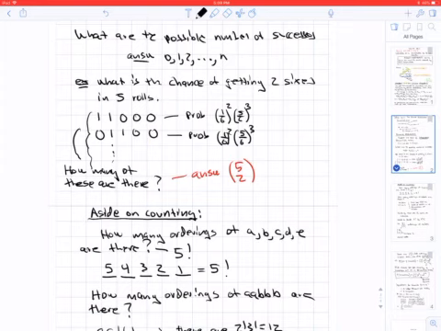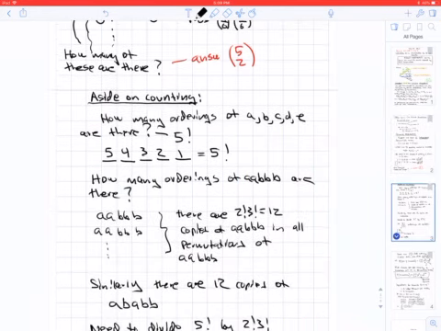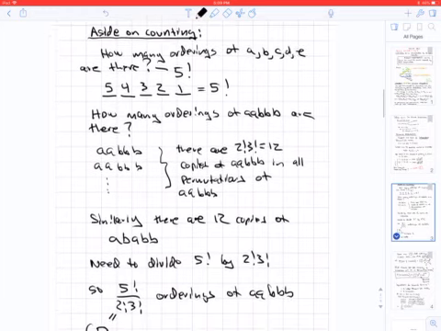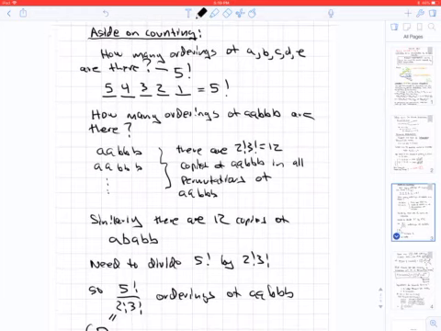And so you can quickly see that all the ways that you can get exactly 2 sixes in 5 rolls are going to have the same probability, and we just need to count how many there are. So the answer is 5 choose 2, but let's do an aside on counting to show why that's the case. How many orderings are there of 5 distinct elements, A, B, C, D, and E?